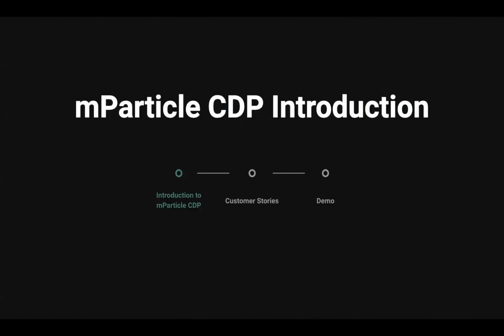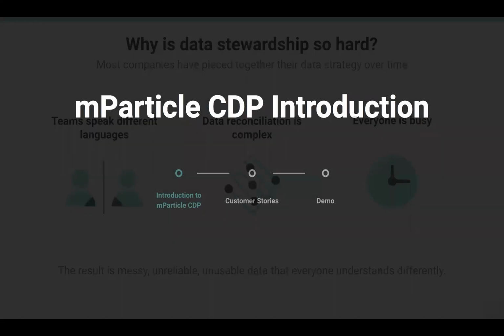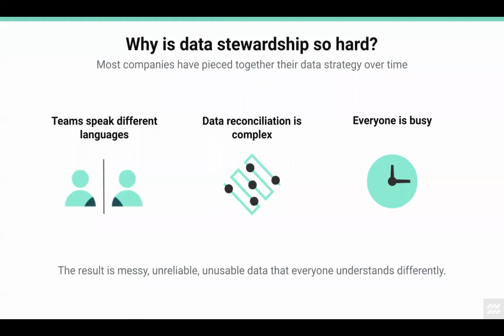So we'll start with the mParticle CDP introduction. With the many different types of input properties that consumer brands are using nowadays, whether it be mobile, web, or offline, data stewardship becomes pretty hard. The reason is that a lot of this data is coming from different input properties that are owned by different teams that are speaking different languages.